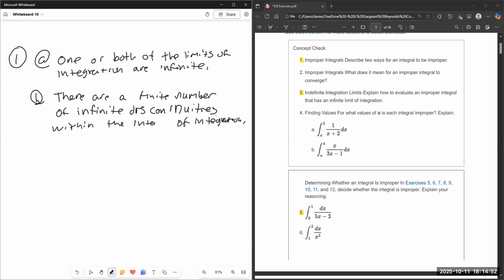Interval is probably the best word here, interval of integration. Okay, so let's look at number 3.